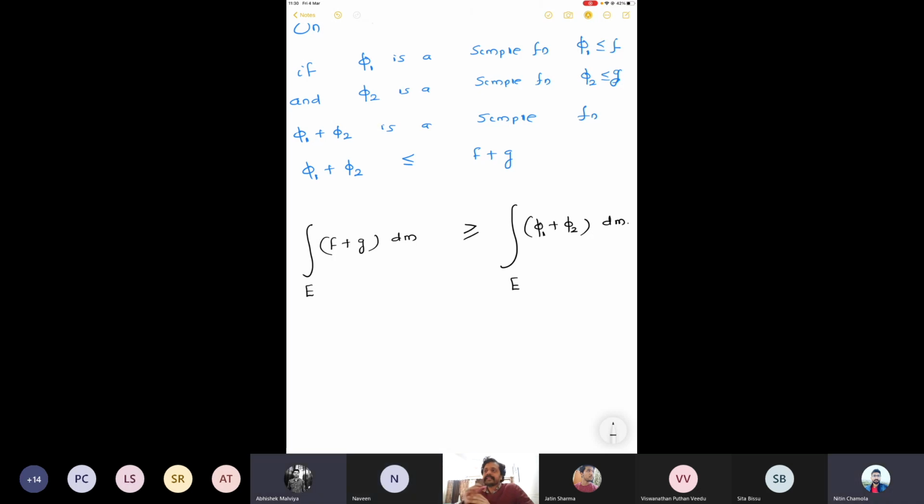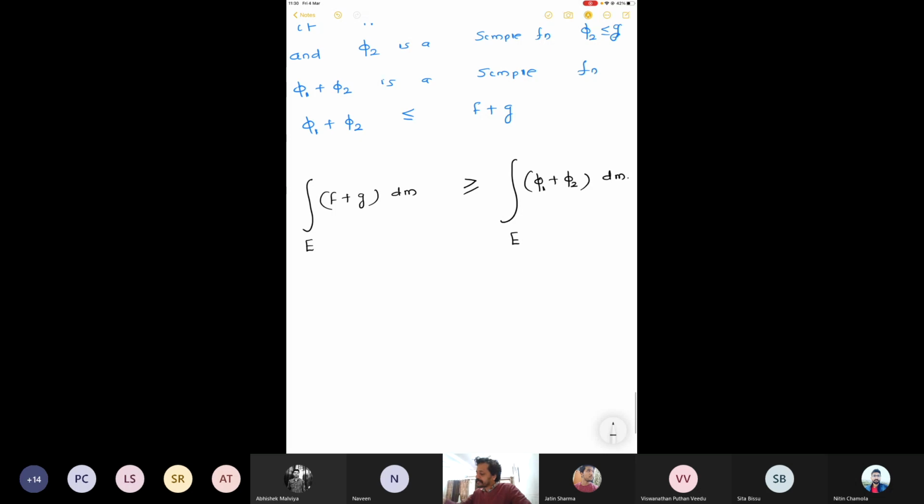Yes, sir. It is just a definition. The definition of the integral of a bounded function is the supremum of the integrals of all simple functions less than or equal to f plus g. Phi1 plus phi2 is just one such function. And for simple functions, you know that it is the integral over e of phi1 dm plus the integral over e of phi2 dm.